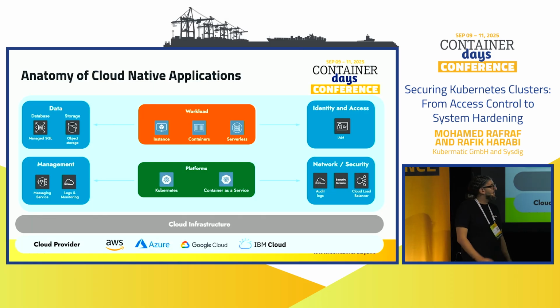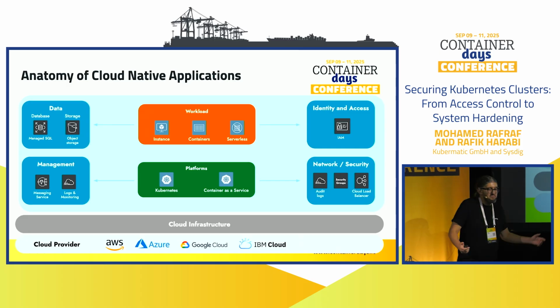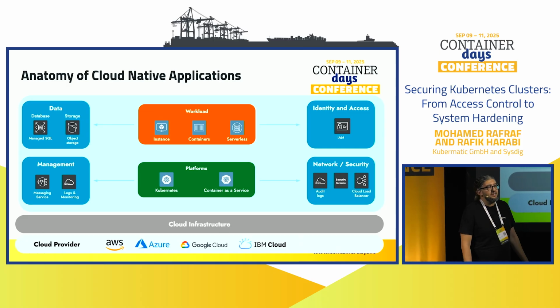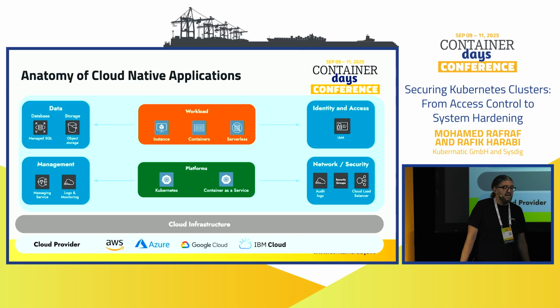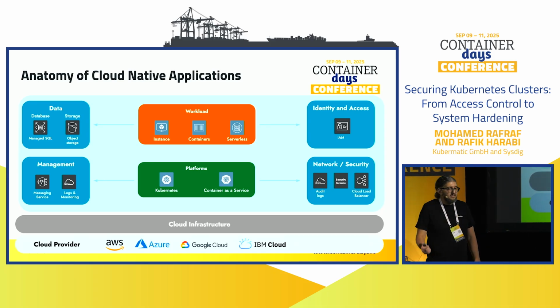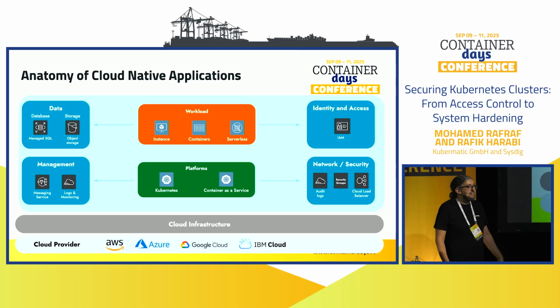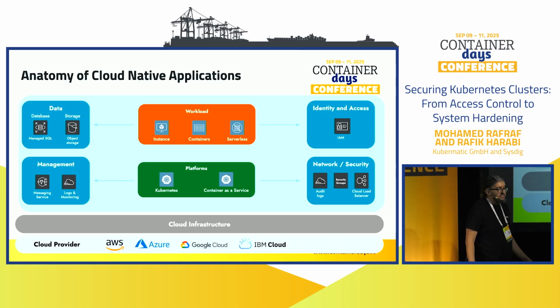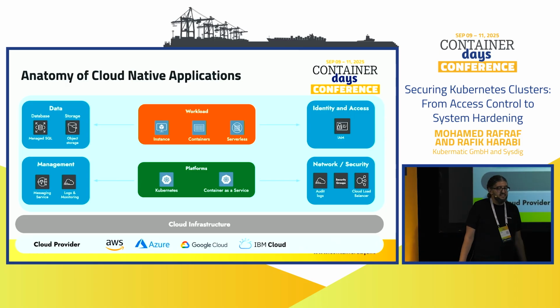If we look at the anatomy of a cloud native application, the most important would be the workload. It could be VMs if you are just doing lift and shift, some containerized apps, maybe serverless if you are more advanced in your journey. And all of these are running on top of a Kubernetes managed or non-managed platform or container as a service.